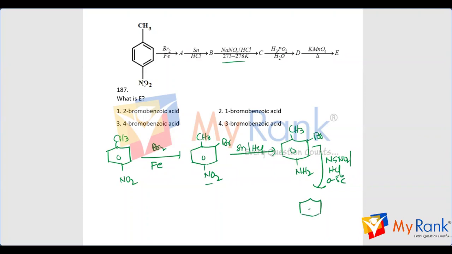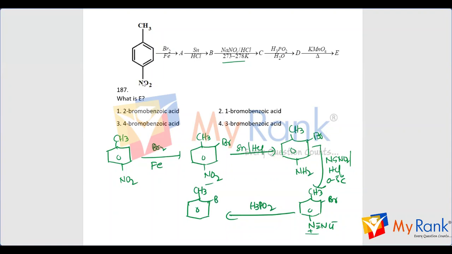The product is the diazonium ion, CH3, Br, and N triple bond N plus Cl minus, which reacts with H3PO2, hypophosphorous acid. This group is replaced by H plus. The reaction is a reduction reaction.